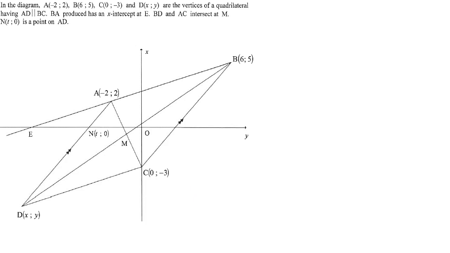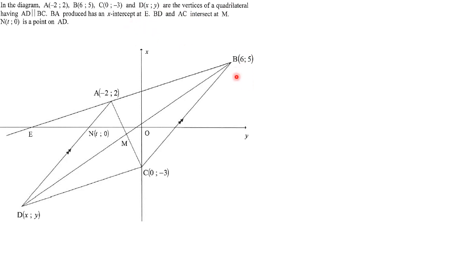Our question says, in the diagram, A, B, C, D are the vertices of a quadrilateral having, which is very obvious, AD parallel to BC, and these points of the quadrilateral have those coordinates like I've already indicated.